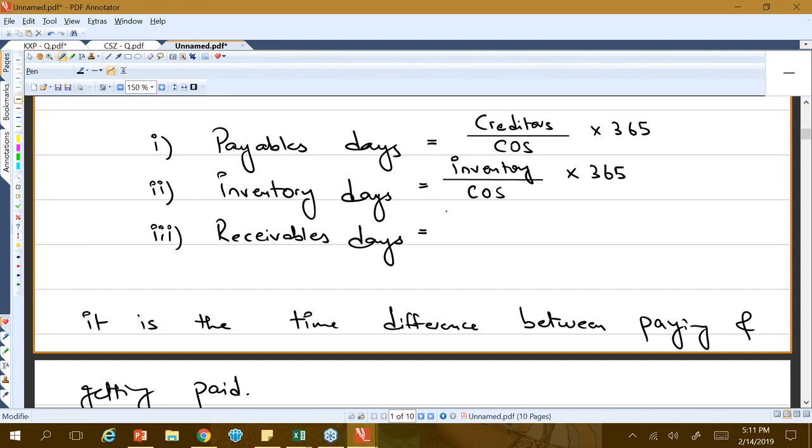And then receivables, or the debtors, they both mean the same thing, over the sales times 365. So once we have computed these three days, we can then find the cash operating cycle.